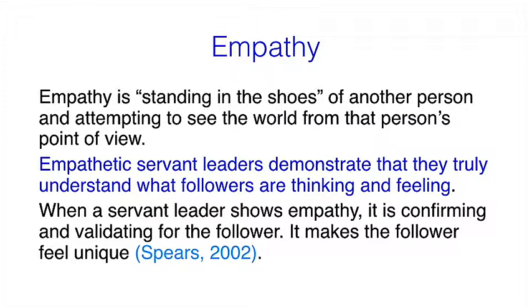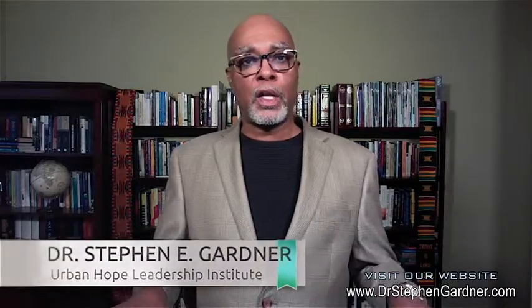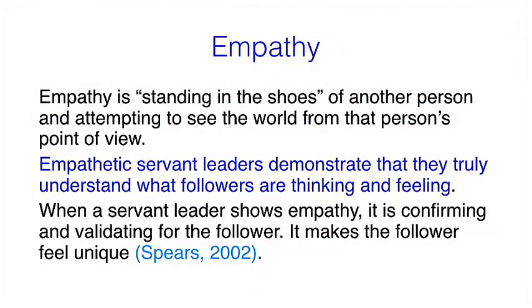What that means is that whatever lens I have, I have to take that lens off and put on the lens of the other person, try to see things from how they see it, try to empathize with what they are experiencing, and try to feel what they're feeling. That's empathy. An empathetic servant leader demonstrates that they truly understand what followers are thinking and feeling.